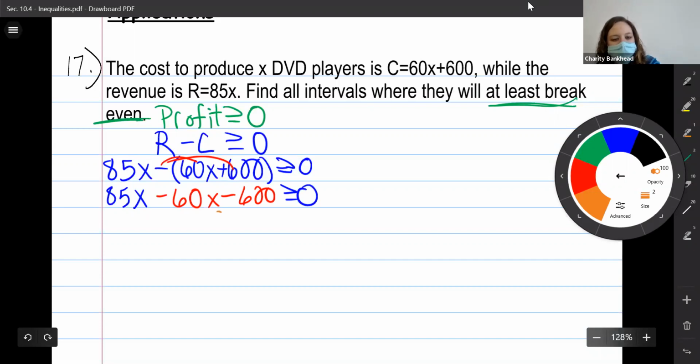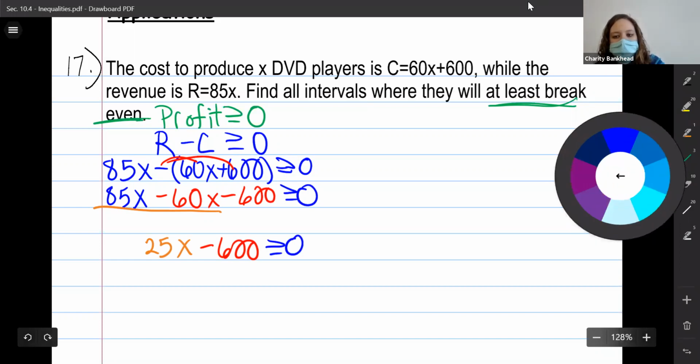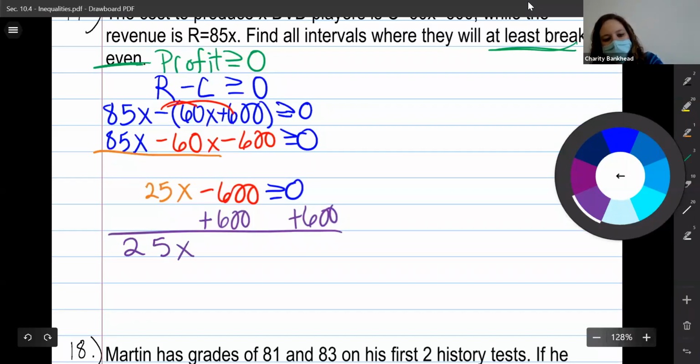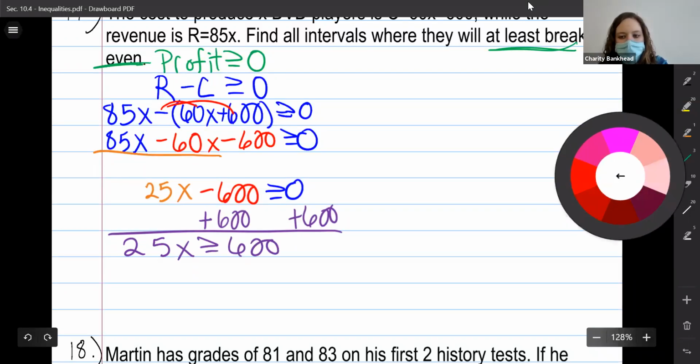Combine the like terms, 85x minus 60x is 25x. So 25x minus 600 is greater than or equal to 0. And then let's add 600 to both sides. So that would give you 25x is greater than or equal to 600. And then divide both sides by 25.